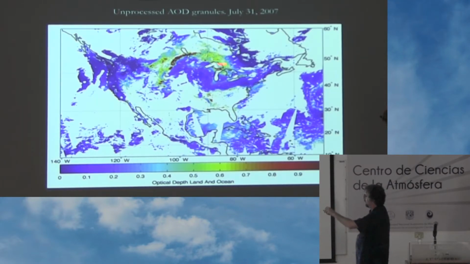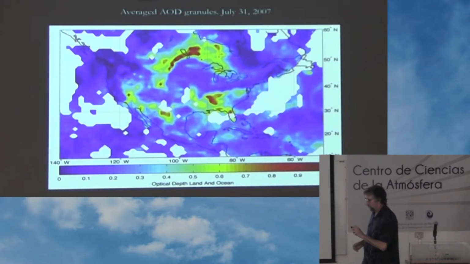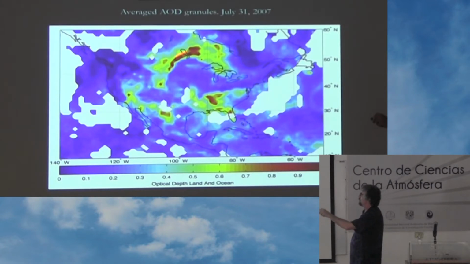You have some cities, here's Los Angeles, with more particulates, more pollution. We interpolate, and the principal features are maintained. Los Angeles. There are fewer gaps without data, only a few.